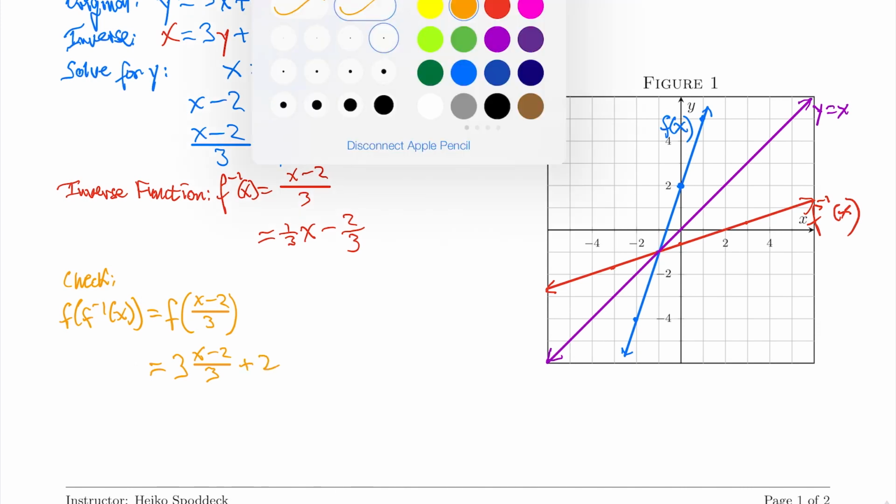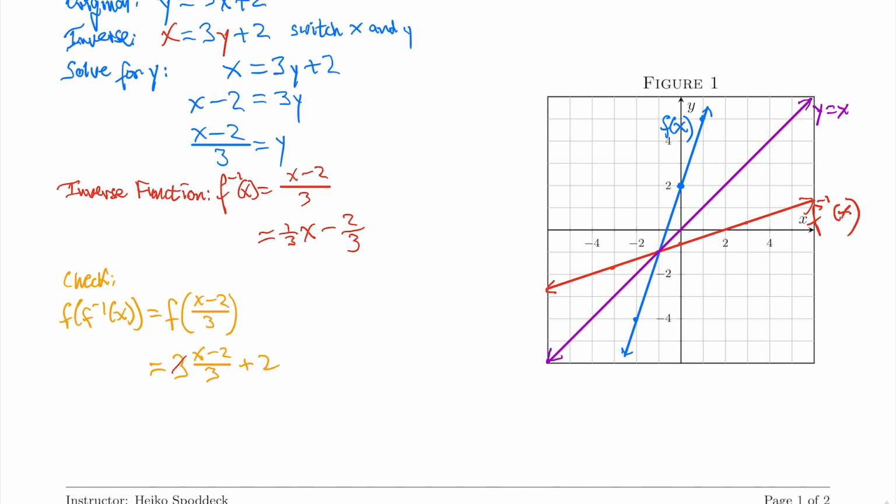So what happens is that we can cancel our two 3's, because it's 3 divided by 3, and so we are left with x minus 2 plus 2. Well, they cancel out as well, so we are left at the end with x. That means if I input my inverse function output into my original function, I get my original input x back as the output, which is exactly signified by it being mirrored over the axis y equals x.